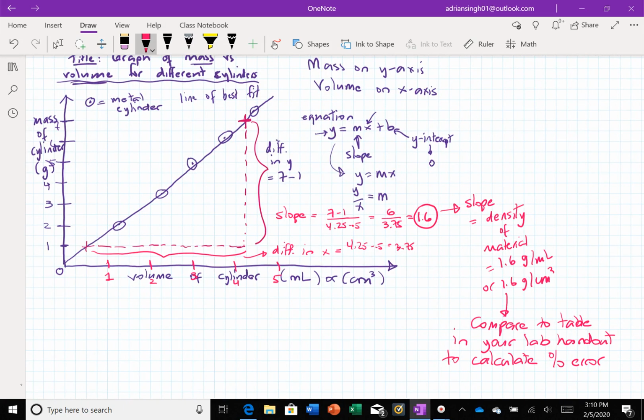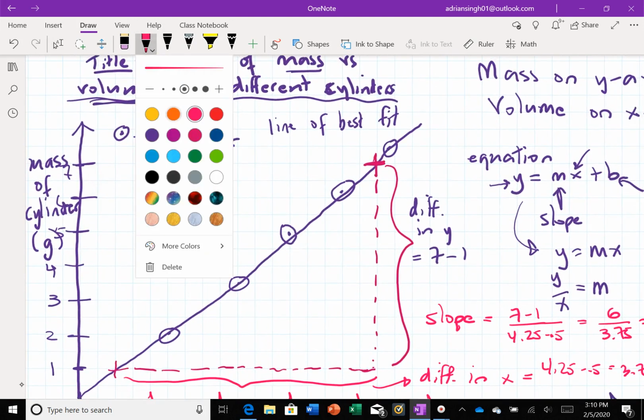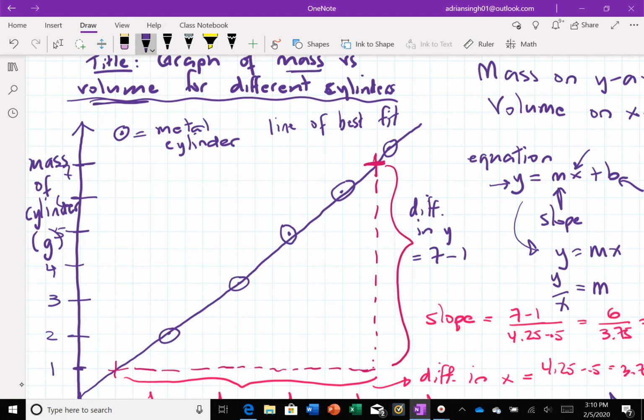All right, so I'm just going to change my notation here a little bit. I'm going to say this was not a metal that we actually used. It was a plastic cylinder.